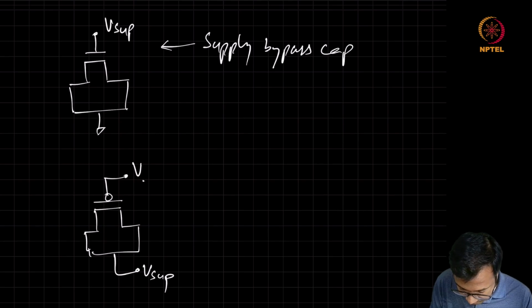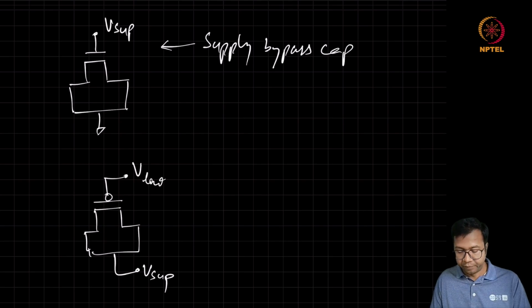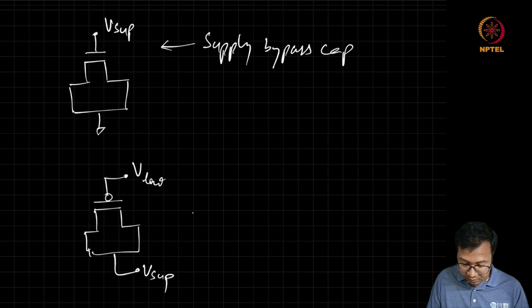Let me call the node VLOW. For such a scenario, this PMOS can provide a good capacitance between this node and the supply, which is also an incremental ground.